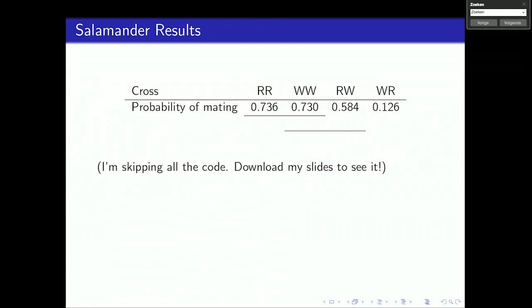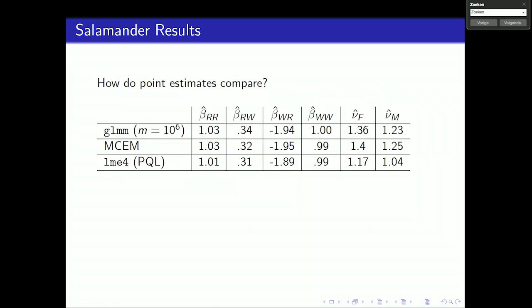Just quickly talking back to the salamander results, it ends up, yes, the probability of salamanders mating does depend on the crosses, but we don't have enough time to probably talk more about that. But I figured I should probably tell you that since I talked about the salamanders before. Okay, and then how do the point estimates compare? Here on the first row I have the results created by my package.